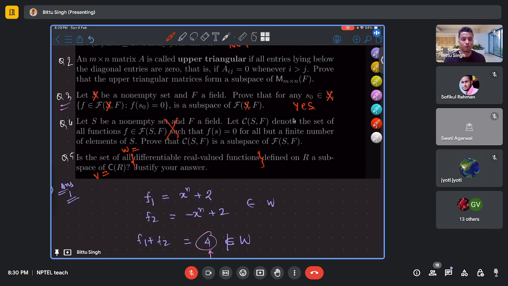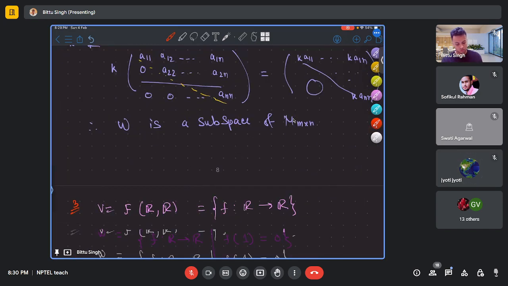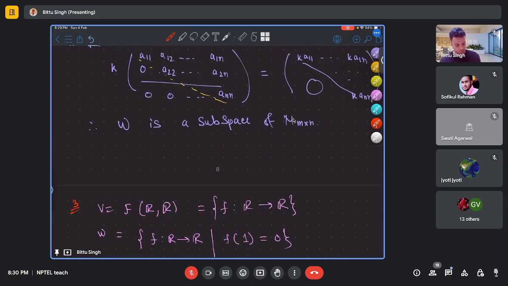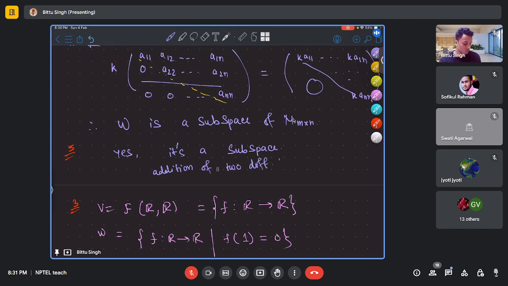Therefore for 5, yes, it is a vector space, that is a subspace, because addition of two differentiable functions is differentiable, and similarly scalar multiplication.